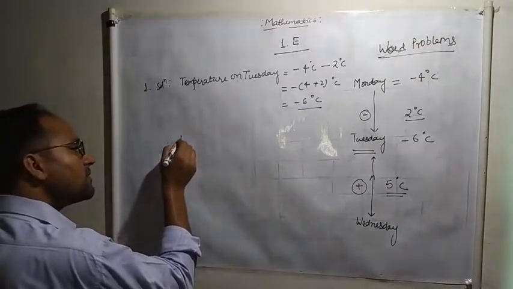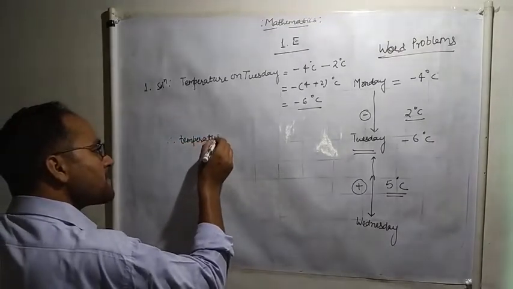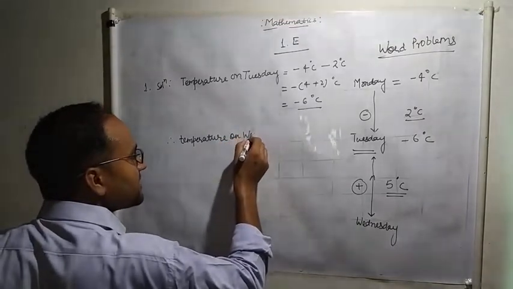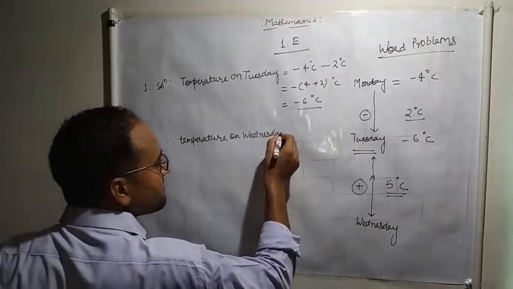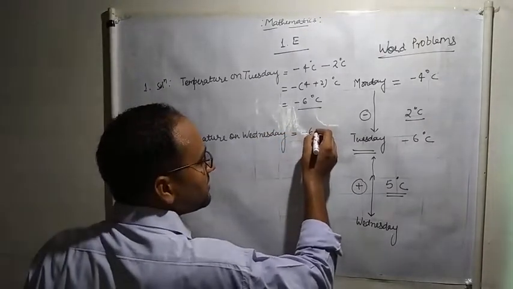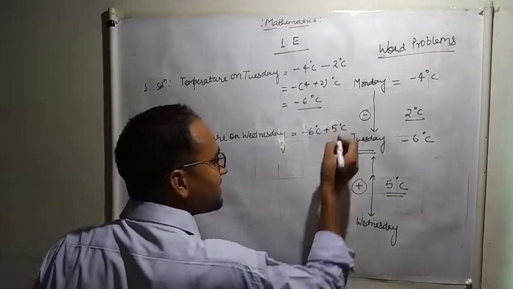So the temperature on Wednesday is equal to -6 degree centigrade plus 5 degree centigrade.